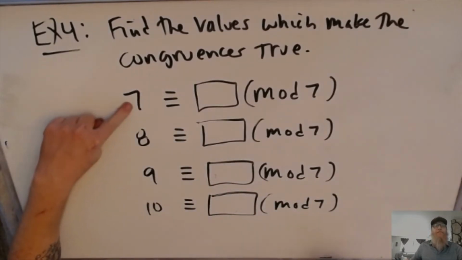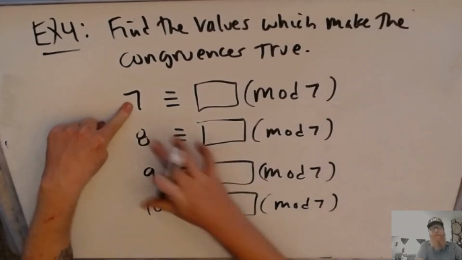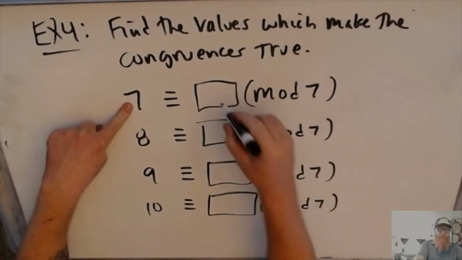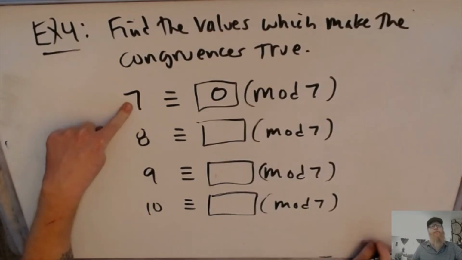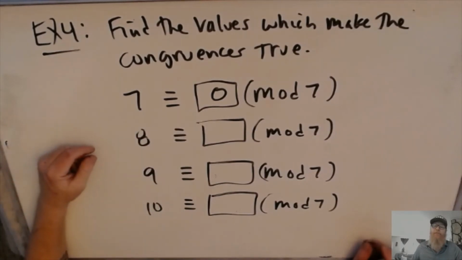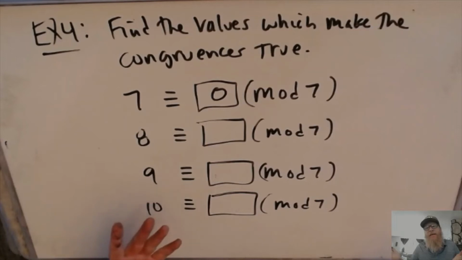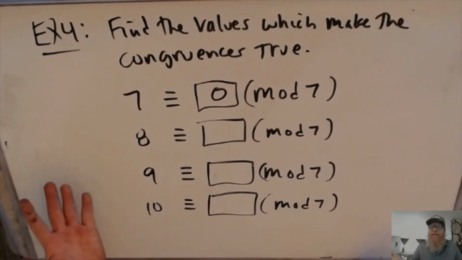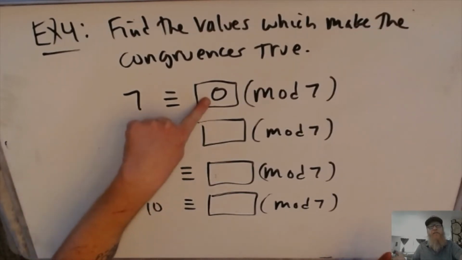So 7. Well, 7 is divisible by 7, so the remainder is 0. This essentially means that 7 is congruent to 0, so it acts like 0. It's kind of like saying, if today's Tuesday, what day is it going to be 7 days from now? Well, it's still going to be Tuesday because it's acting like nothing.